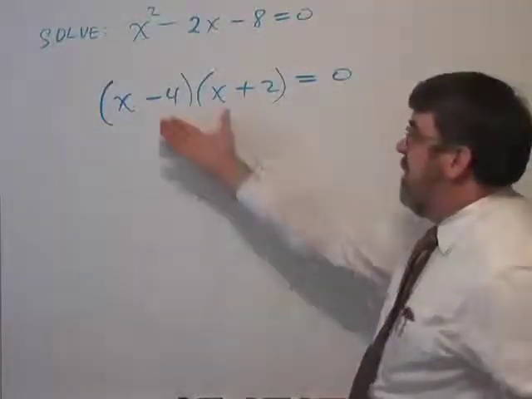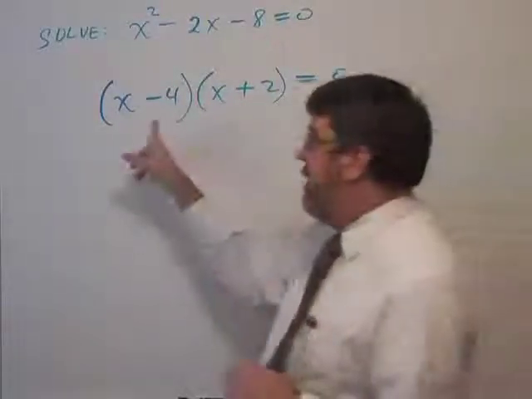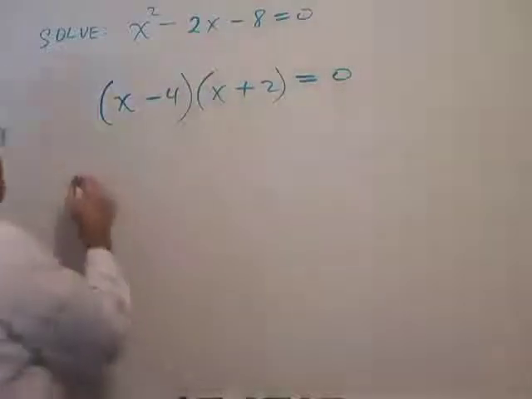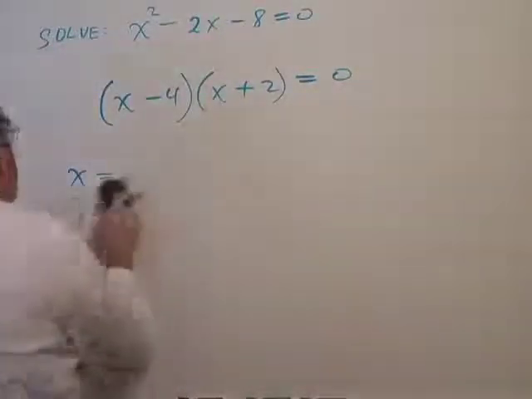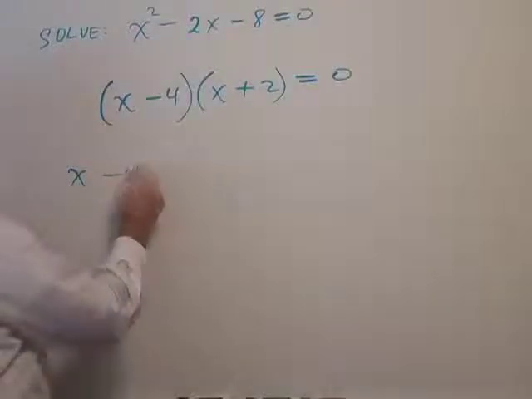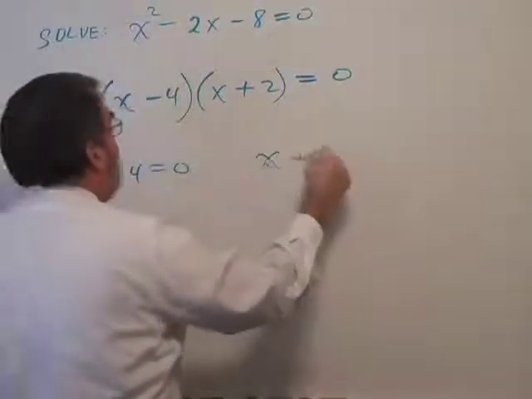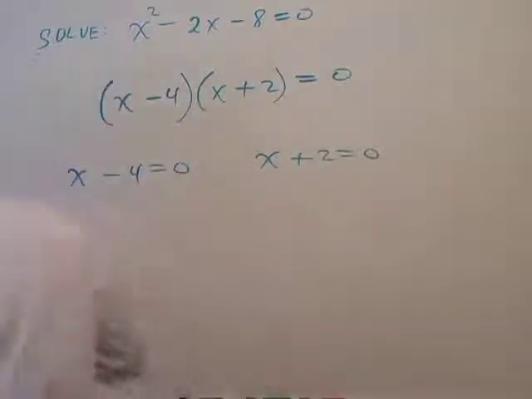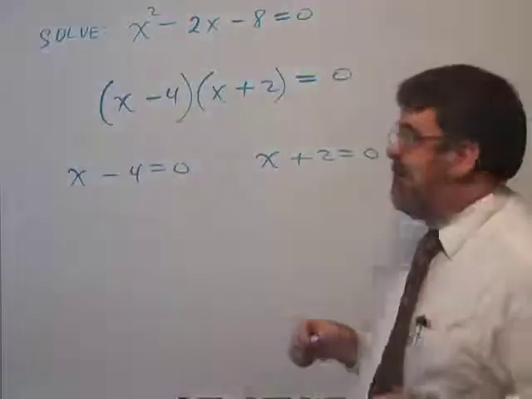It says that the only solution to this problem can occur if either this factor, x minus 4, is 0, or the other factor, x plus 2, equals 0. And those are the only two possible solutions to this problem.